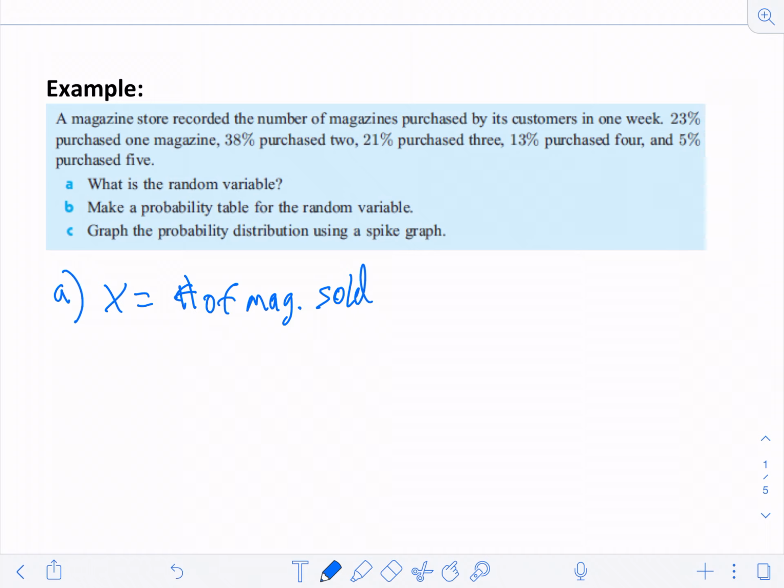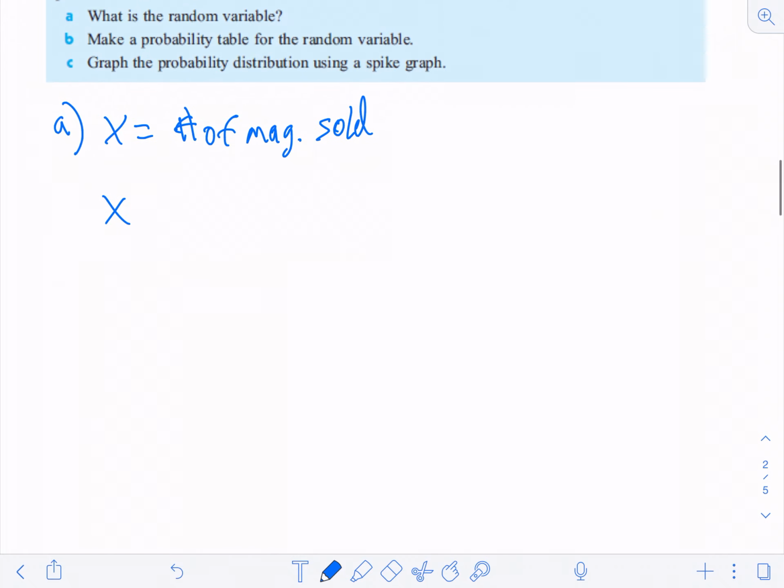So what's the probability that a person buys 1, 2, 3, 4, or 5 magazines? We're looking at the number of magazines purchased by its customers in each week, and what's the probability of a customer purchasing 1 or purchasing 4, things like that. So if we made a probability table, it would look something like this. What's my value of x? Well, x could be 1, 2, 3, 4, or 5.